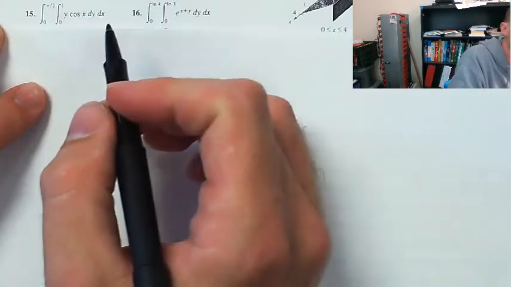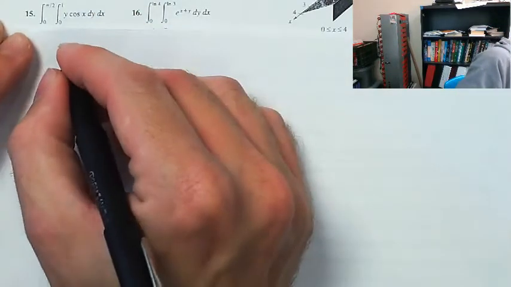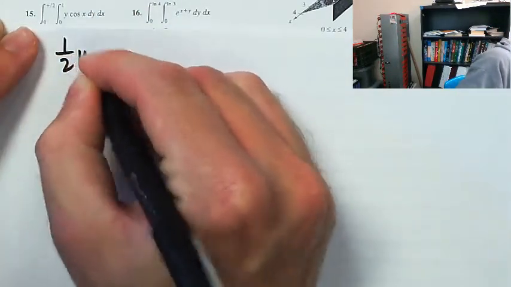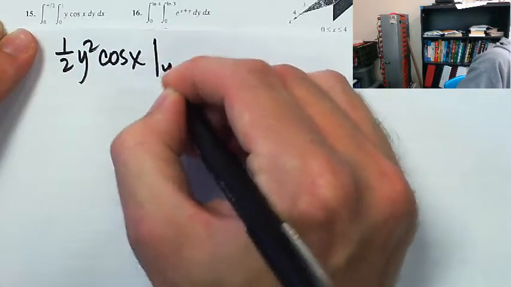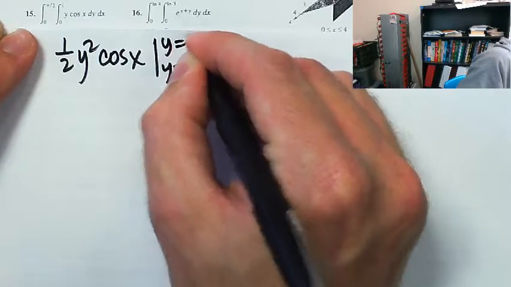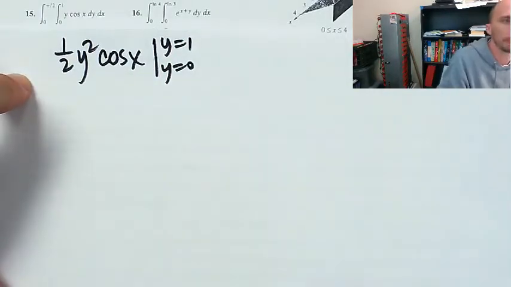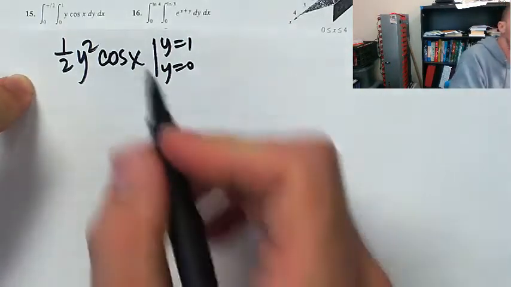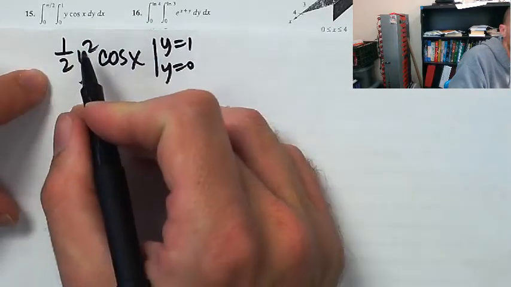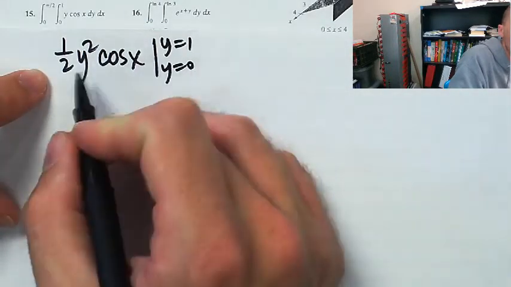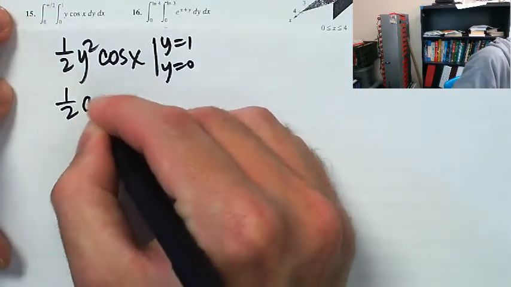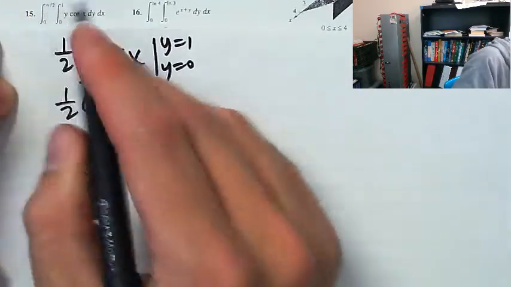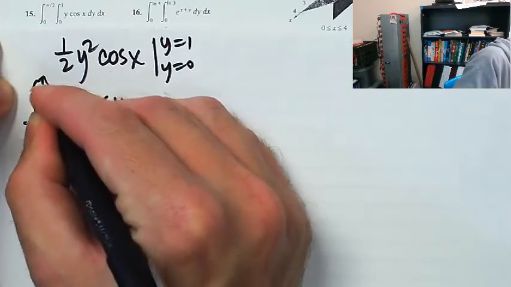So the antiderivative is 1/2 y squared, and then I'll have that cosine x there, as y runs from 0 up to 1. Well, this is best case scenario, right? Because this is 1/2 of 1 minus 0. So I have 1/2 cosine x getting integrated from 0 to pi over 2.